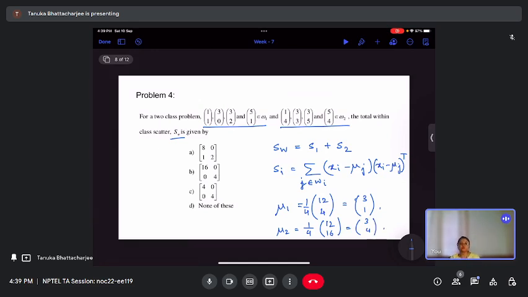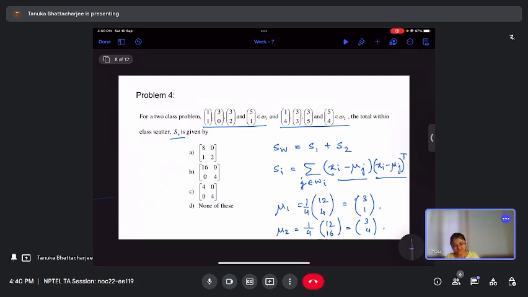So, these are the two means, (3,1) and (3,4). Now, you have to subtract the mean of the class from each sample of the class and form these outer products and sum them up.